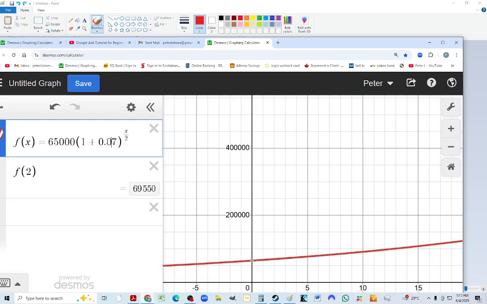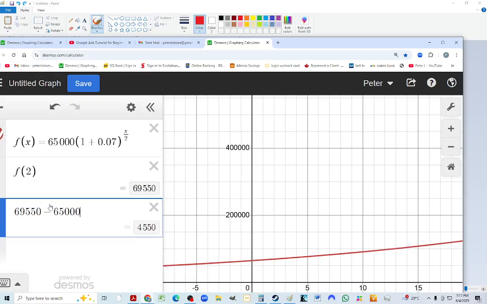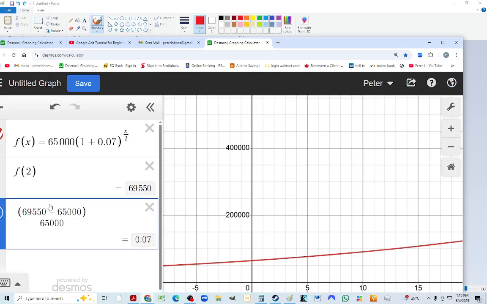There we go. 69,500. To confirm that 69,500 is indeed 7%, you should subtract the 65,000 like that. And you divide it by 65,000. And you can see it went up by 7%. So that means the formula works. Every 2 years it's gone up.